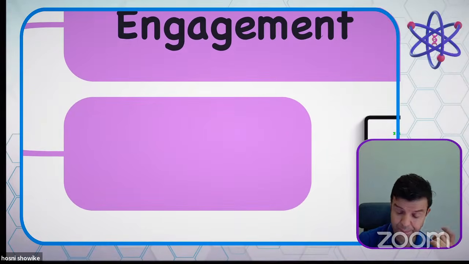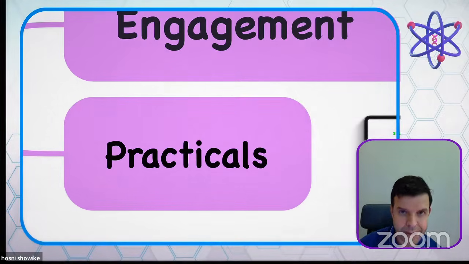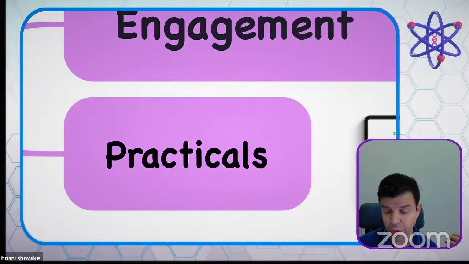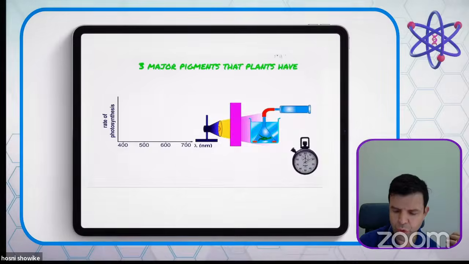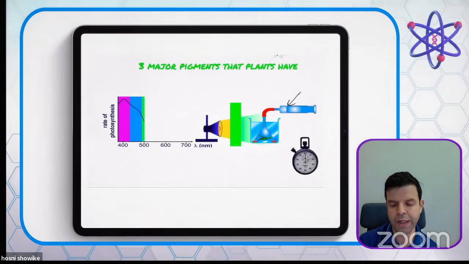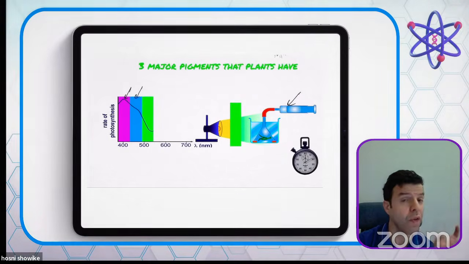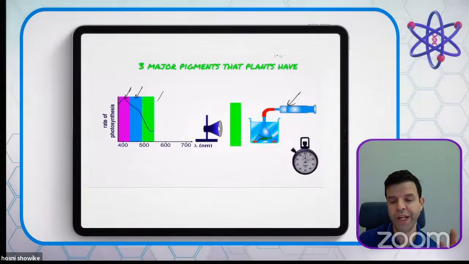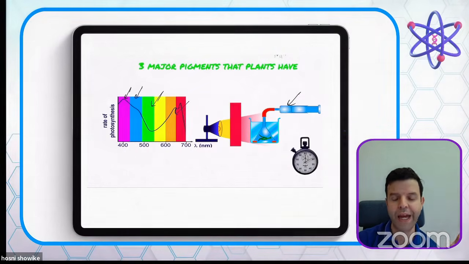Also, during the lesson, I try to make it entertaining to engage you. So you would see me doing experiments like the one I'm doing here about photosynthesis. There are activities during the lesson. So all of this would for sure help you to stay engaged.